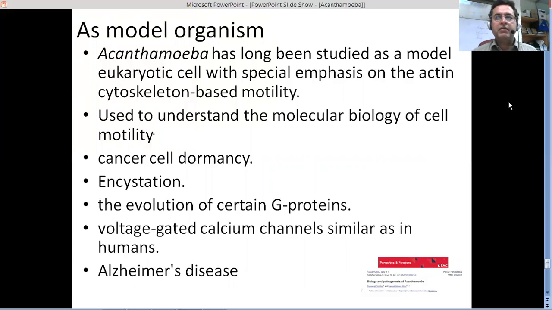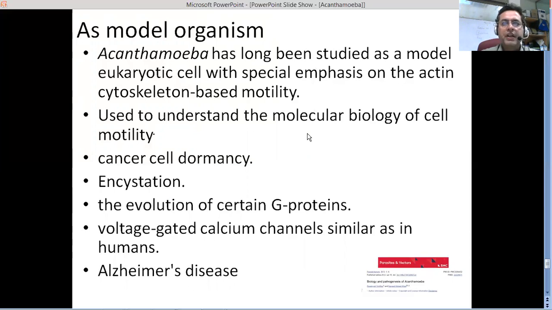It has the actin filaments and the cytoskeleton, and the movement is typical of the movement of other organisms. If somebody wants to study the details of this movement at the molecular level, then they can use Acanthamoeba as a model organism.